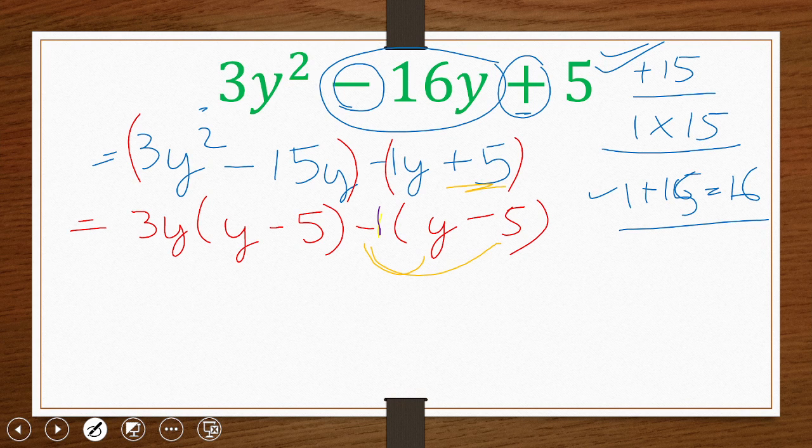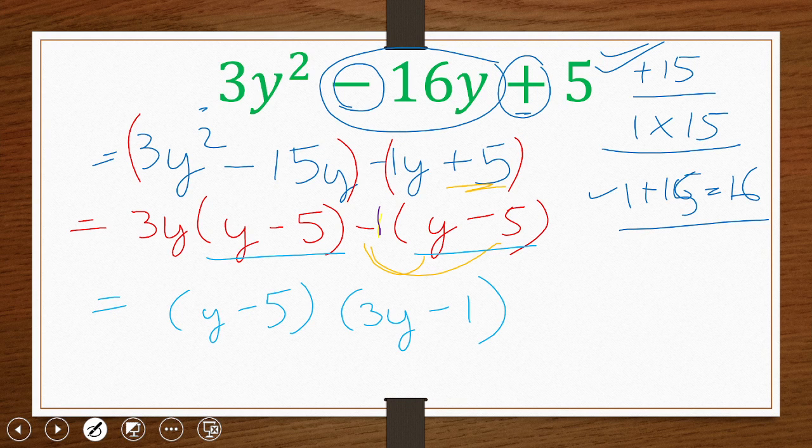Okay, so this term satisfies, and then we are writing it again. We have to find out the HCF. The highest common factor is y minus 5, then is minus 3, minus 3y minus 1, and this is the answer.